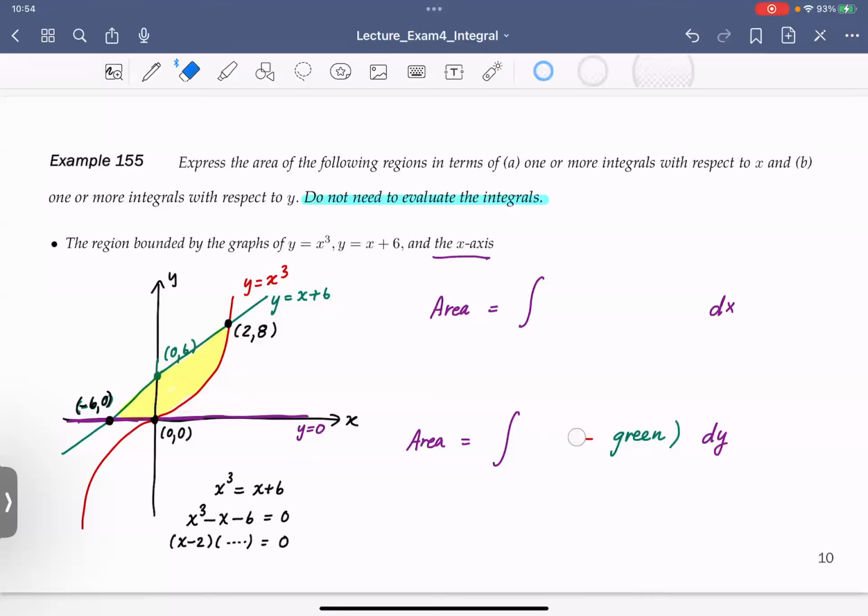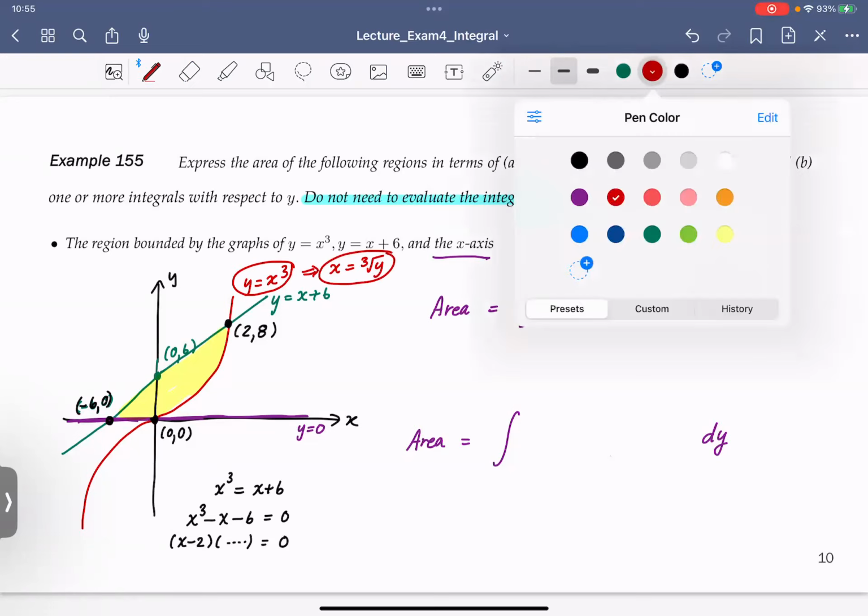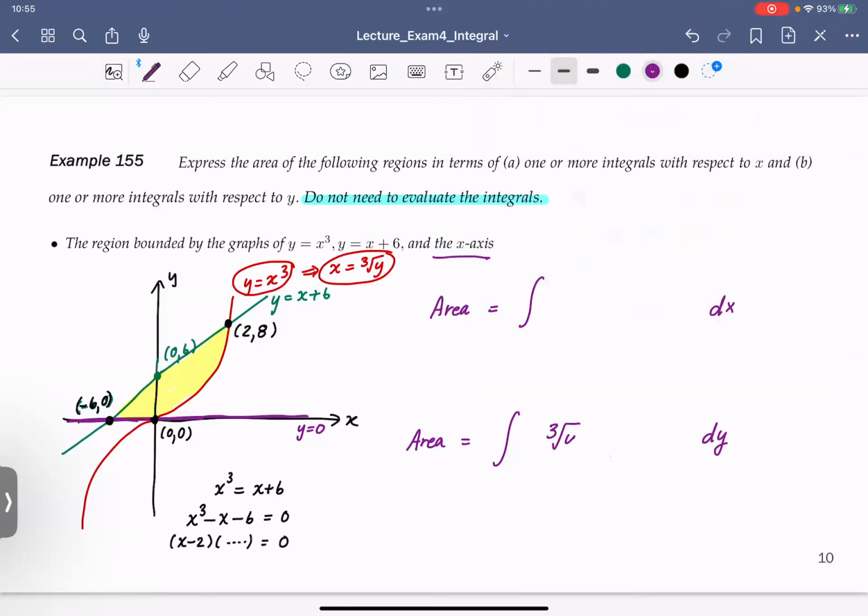So we're going to see what my red curve and green curve are. The red curve is y equal to x cubed, but you have to switch to x equal to cube root of y, because you actually need x in terms of y. You cannot put x cubed here because this is dy.